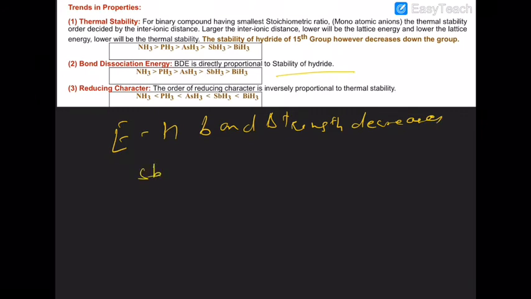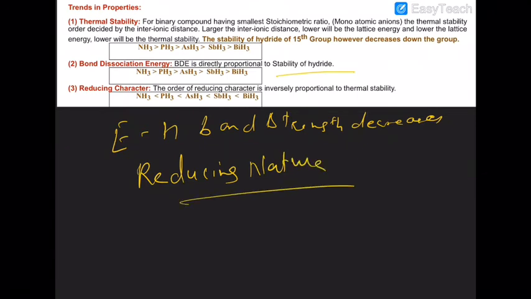The reducing nature also increases. So reducing nature increases as the stability decreases as we move down the group. Okay, are you sure about that?